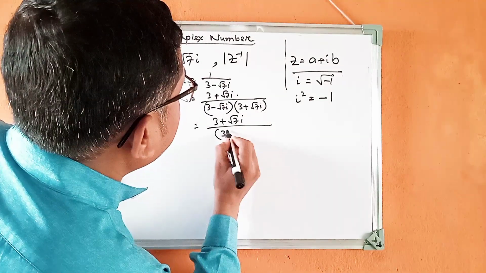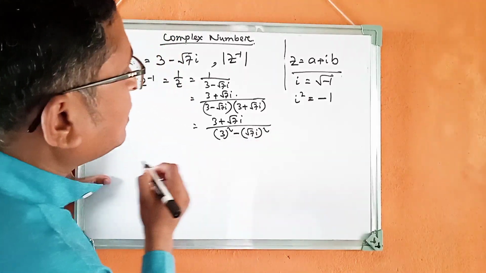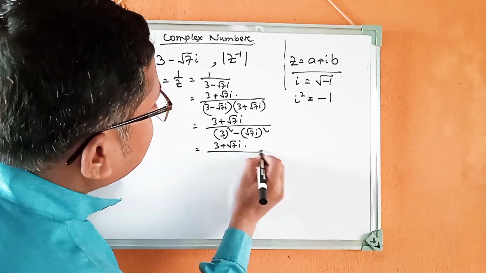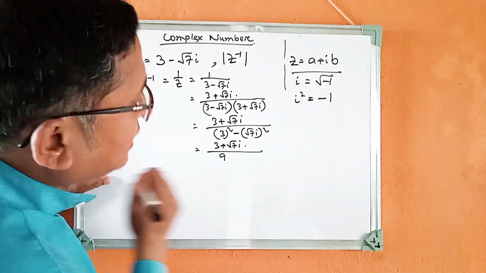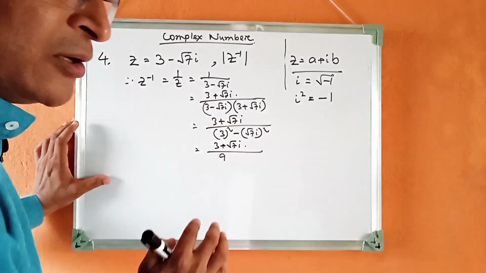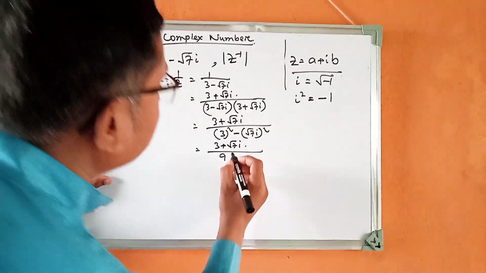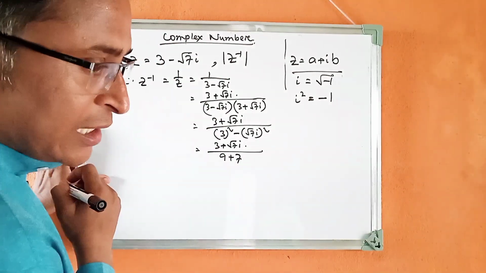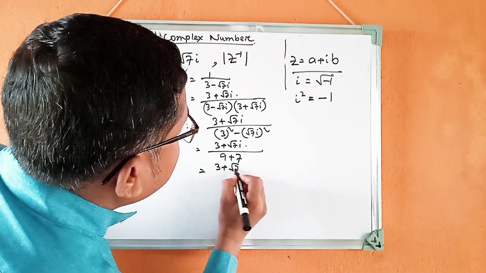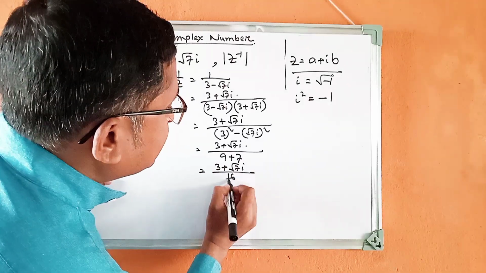So here is 3 whole square minus (root over 7i) whole square. 3 whole square means 9, root over 7 whole square means 7, i square means minus 1. So 7 into minus 1, that is plus 7. So we get 3 plus root over 7i divided by 9 plus 7, that is 16.